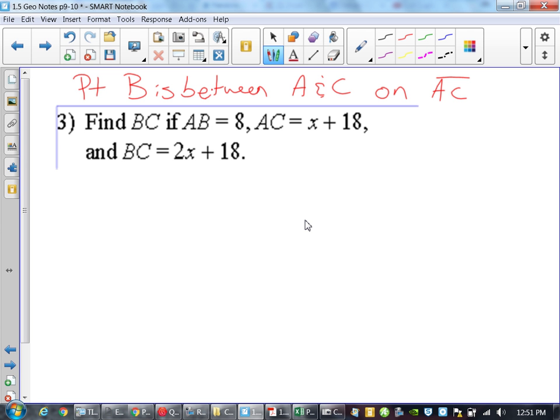When you read directions that look like that, point B is between A and C on segment AC, that just means that all three of those points are collinear. So what do you think you would do to set up a problem like this? Draw a picture. Yep, just draw a picture. Draw and label. And we fill in the blanks.